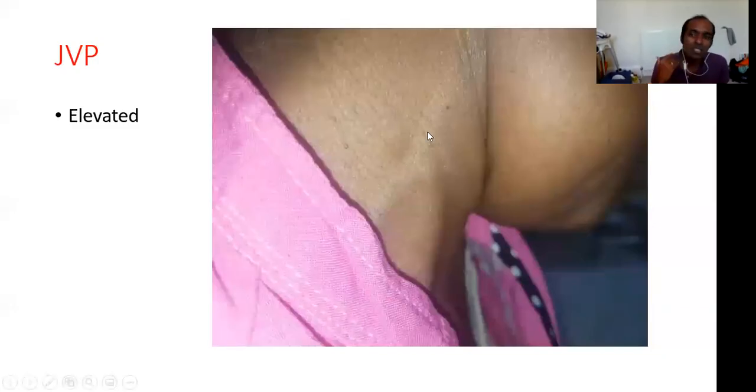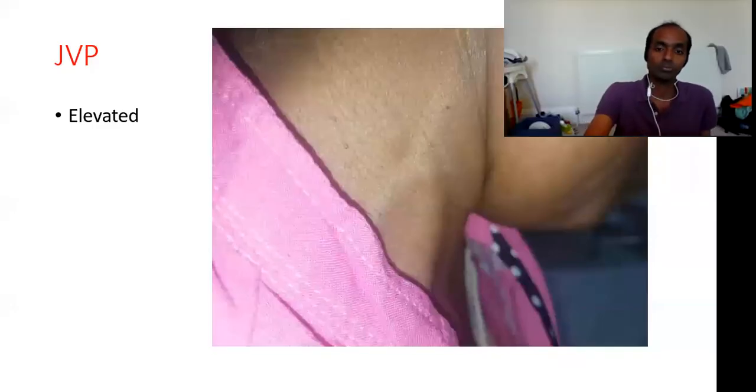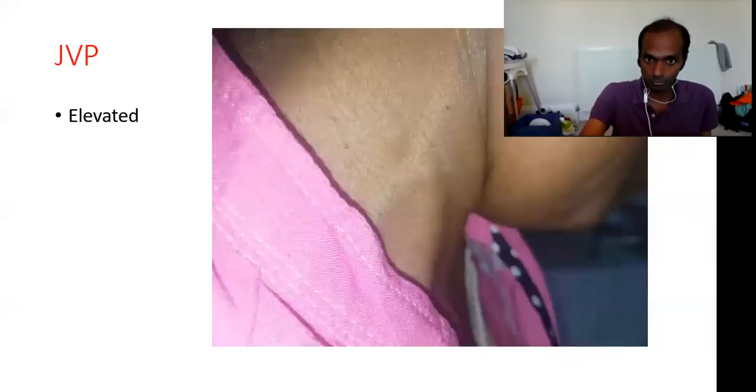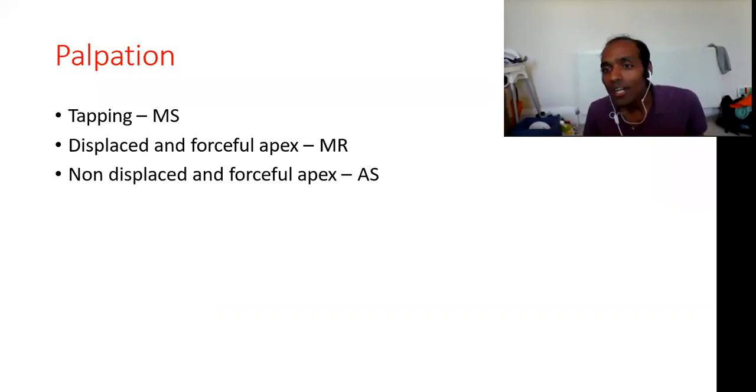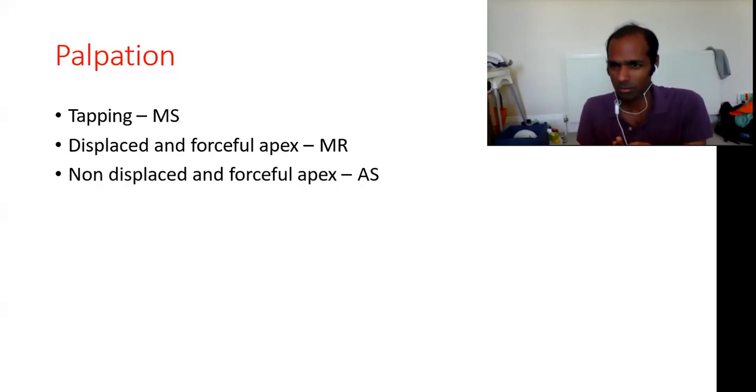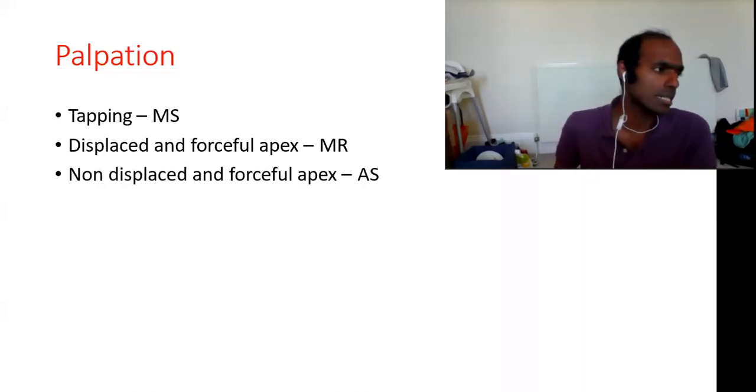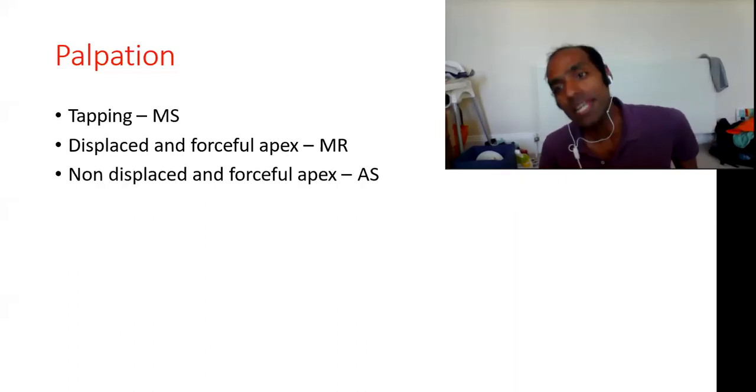Okay, and just know how to identify an elevated JVP. So now we have already diagnosed with good certainty AS, AR and MS and maybe MR also, to a certain extent. Then we go to palpation.